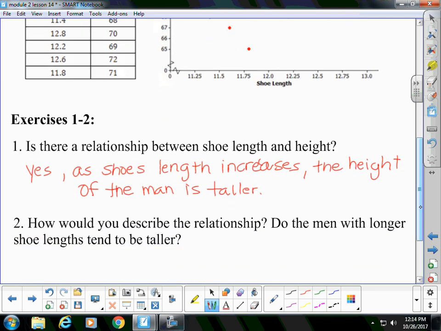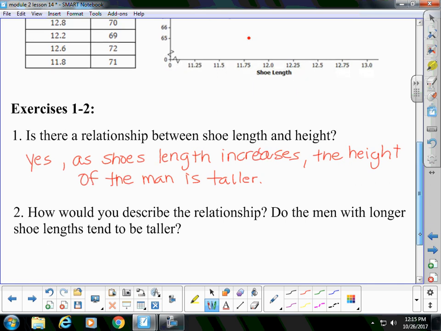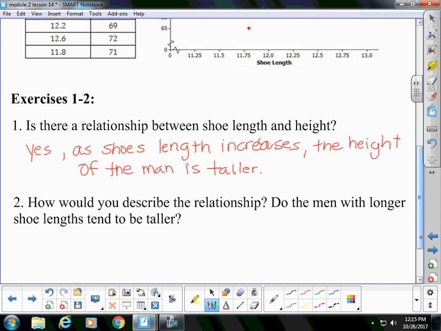And how would you describe the relationship? Do men with longer shoes tend to be taller? So I would describe it as a positive relationship. And yes, I would say men with longer shoe lengths are taller, or tend to be taller. So it's a positive relationship.